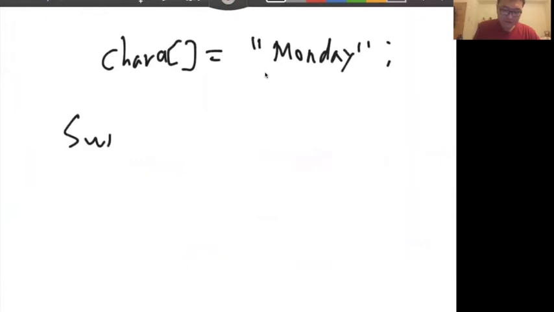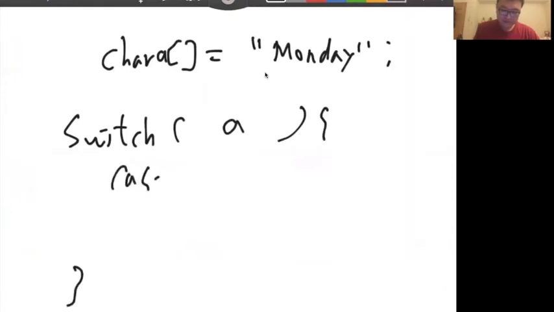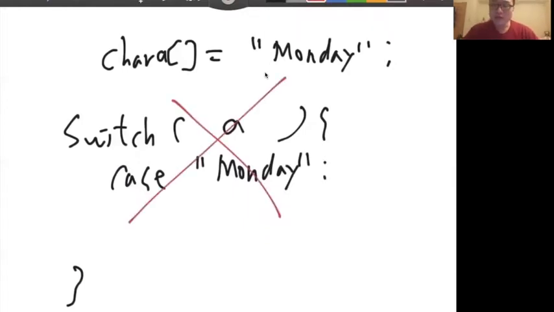Can we have a switch case like, okay, we want to compare A, then case Monday? Can we do this? The answer is no. Actually, there's no string concept in the C language. In Java, string is an object.